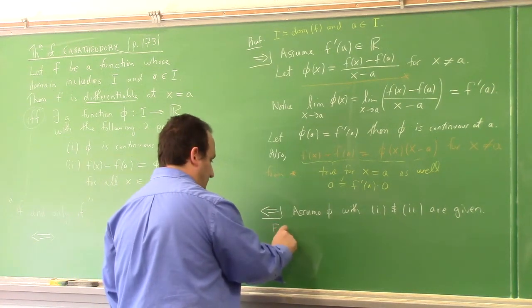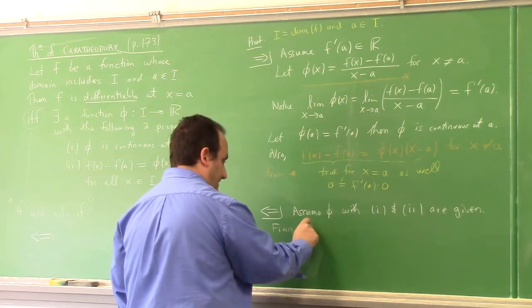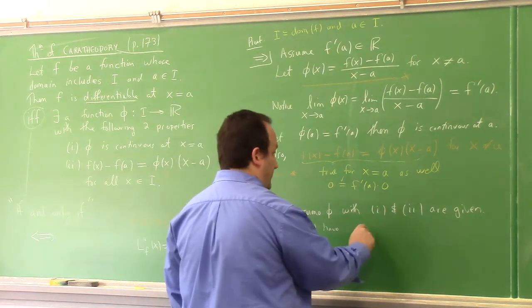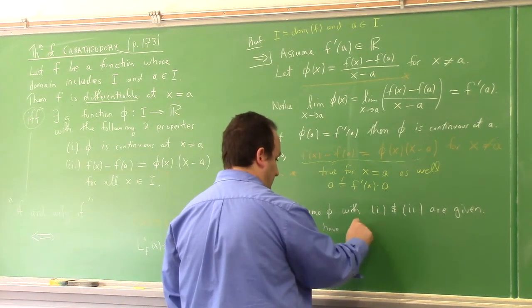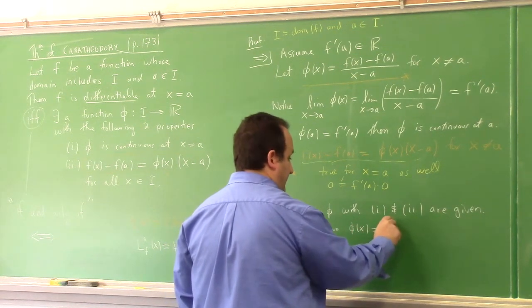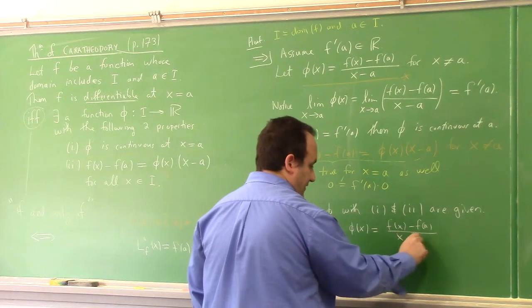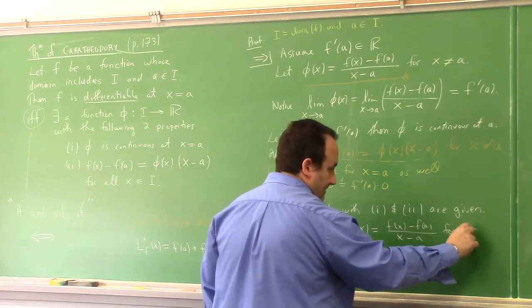How about this? From 2, we have that phi of x equals f of x minus f of a over x minus a for x not equal to a, right?